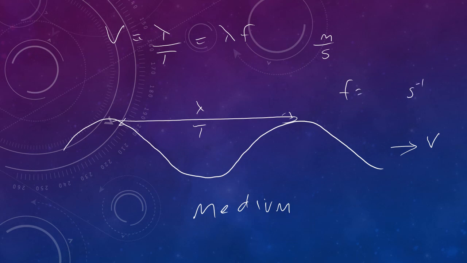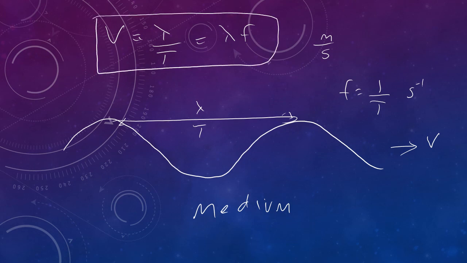And that's defined by 1 on the period, like that. That's what the frequency is. So these two forms are all you need to know really about the wave equation. And it works for ropes, water waves, light waves, you name it, waves. That's all there is to the wave equation.